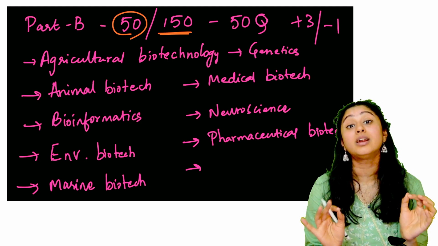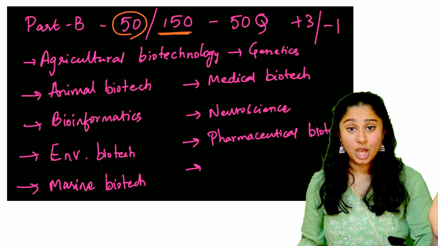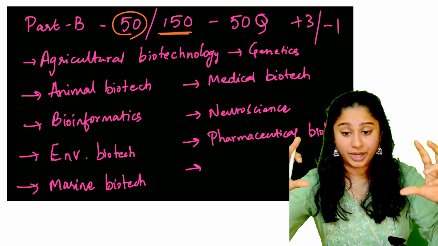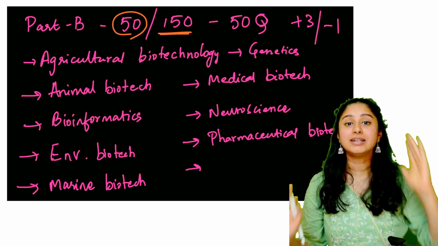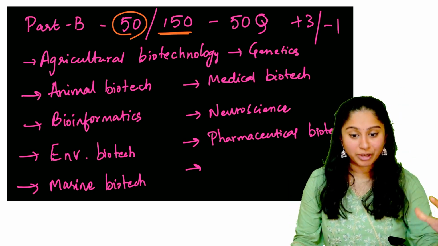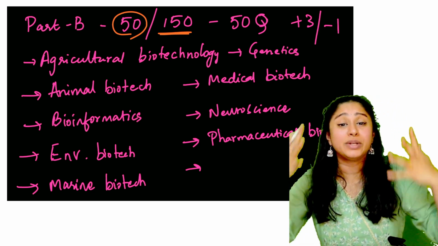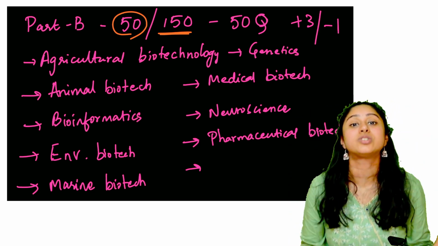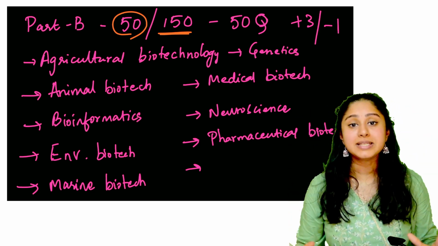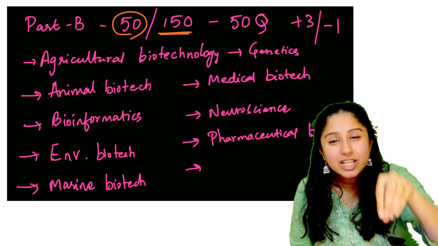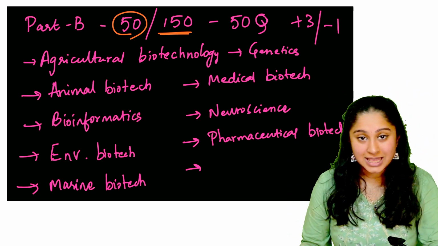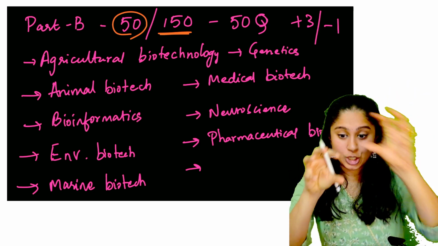Now here, if you look at the syllabus copy, you have something called agricultural biotechnology, and then one full essay written under it, right? Then you have animal biotechnology, bioinformatics, environmental biotech, marine biotech, medical biotech, genetics. Oh my god, ma'am, what am I going to study? Simple: if you look into each of these units, there are also concepts that talk about the basics.